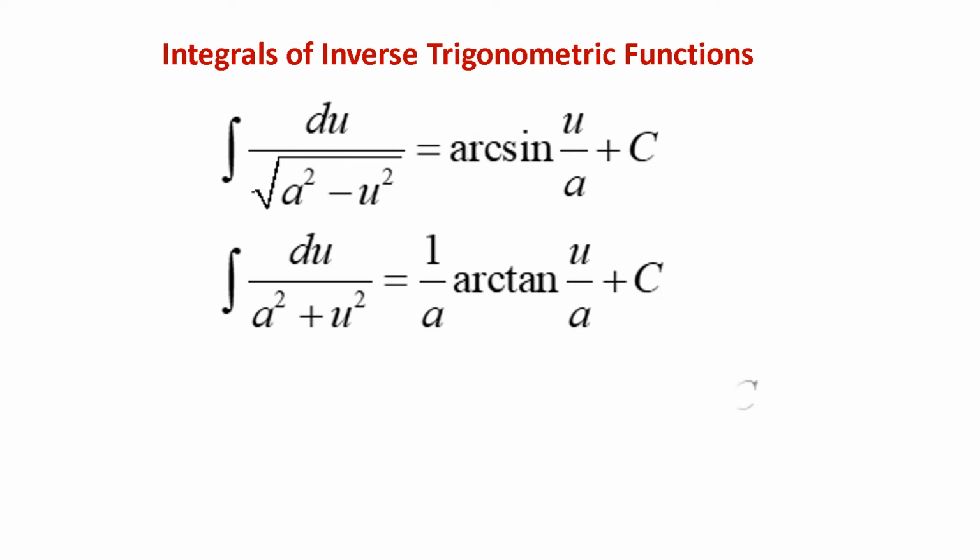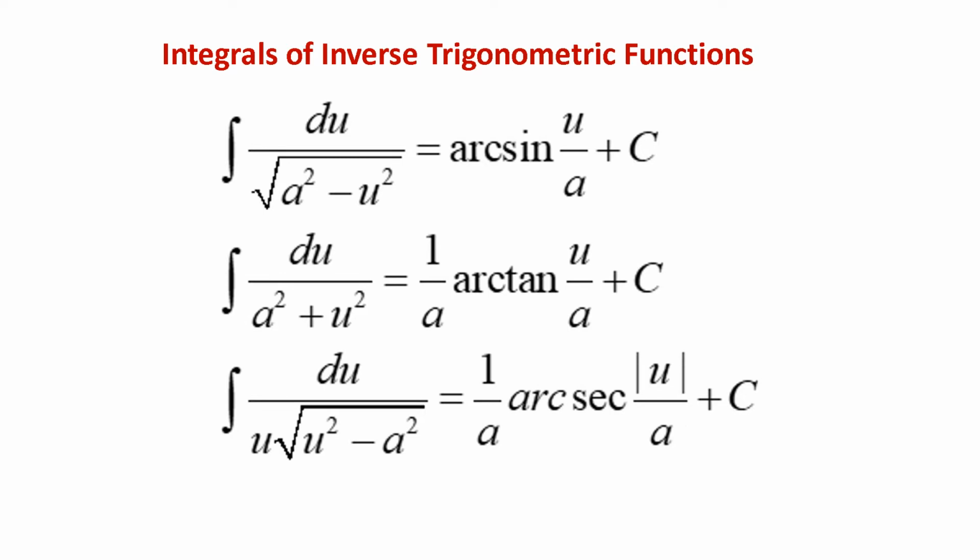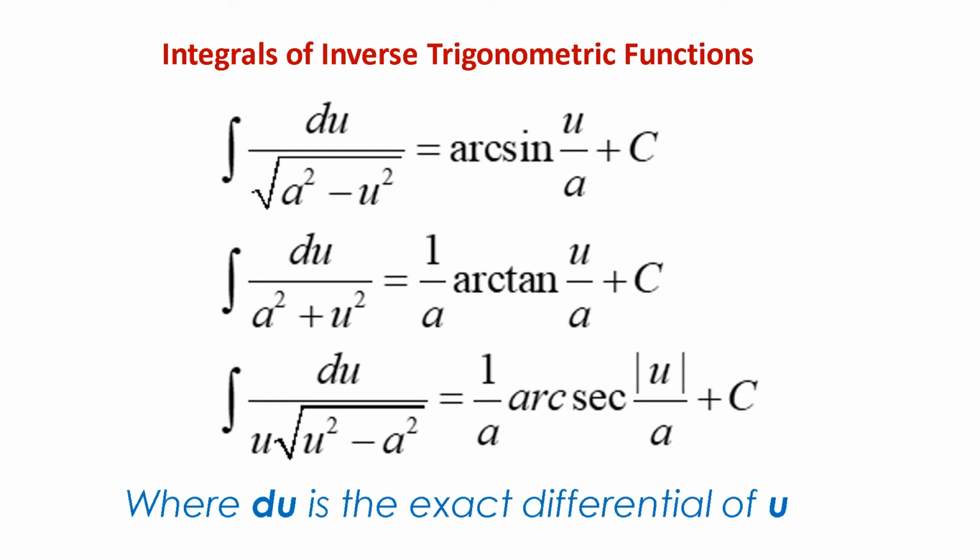And the third one, the integral of du all over u times the square root of u squared minus a squared is equal to 1 over a arcsecant of the absolute value of u over a plus c. And always take note, in using integration formulas, du is always the exact differential of u, where u is the variable of integration.